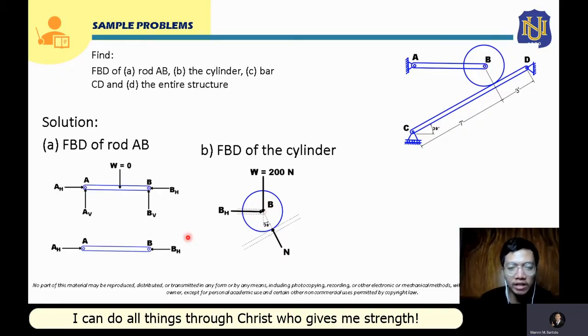For the support at point B, we have already drawn the reaction forces at point B, right? We have already drawn that here in the FBD of rod AB.